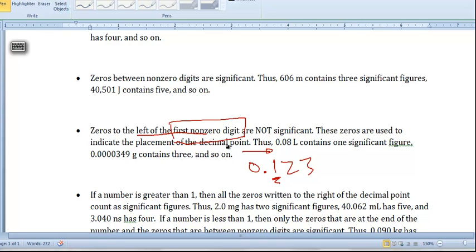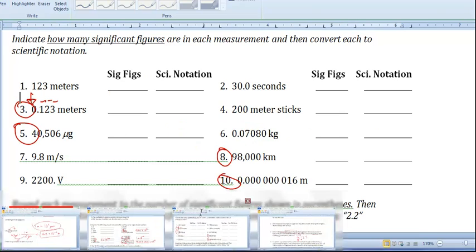And so zeros to the left, which would be this one, are not significant. And if you read on, these zeros are used to indicate the placement of the decimal point. So this 0.08 contains only 1, that's the 8. This number contains 3, these 3, and so on. All right, I probably belabored that a little bit too much.